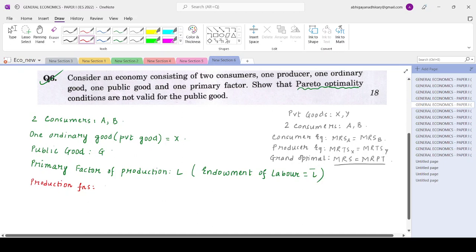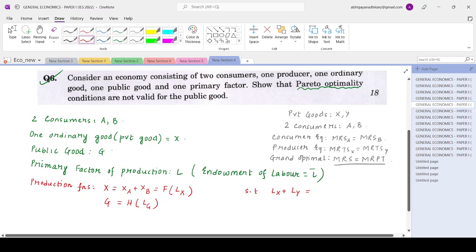The amount of X that will be produced, equal to the amount of X distributed to both of them, will be a function f of Lx, and G will be a function h of the labor in sector G. Rather than Y, I'll mention that as LG, that will be easier.